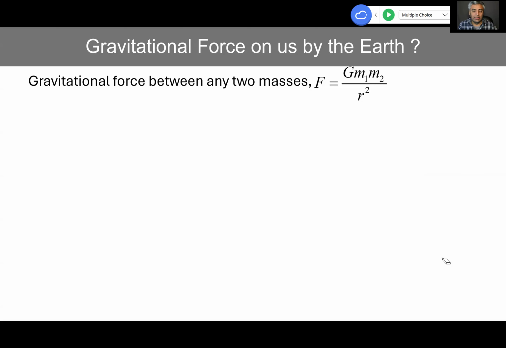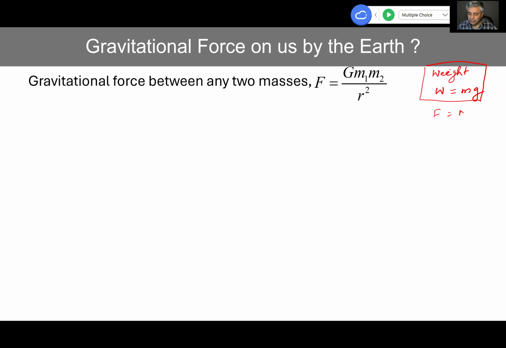So now we've been talking about gravitational pull on us, okay? Gravitational pull of Earth on us. We said, okay, that is weight. We call that weight. And we may denote that by W, or we may write that as mg, okay? So we said, okay, that weight is force of gravity.